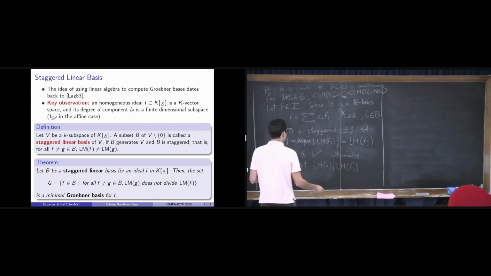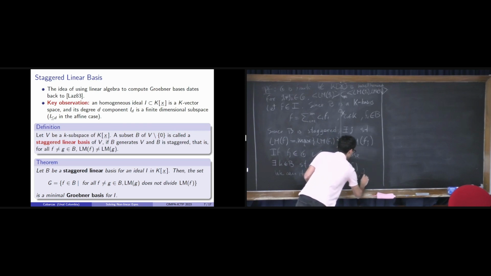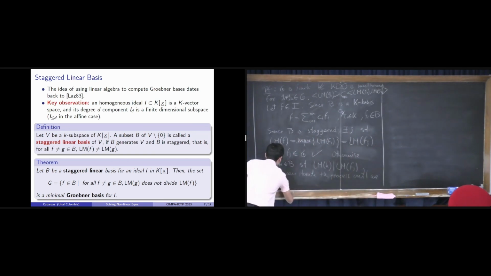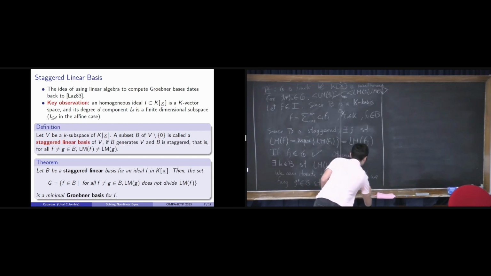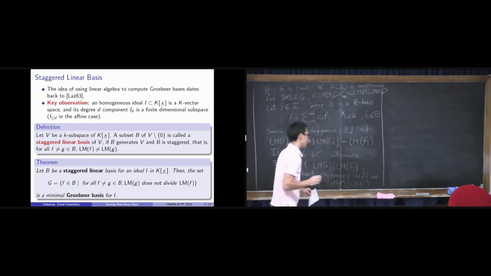So we can iterate the process until we find G star in G such that the leading monomial of G star divides the leading monomial of F. And this is possible.